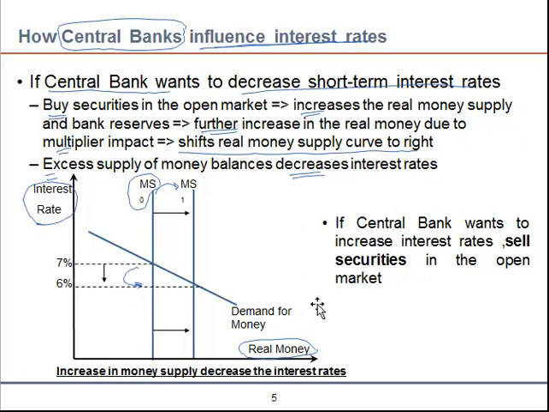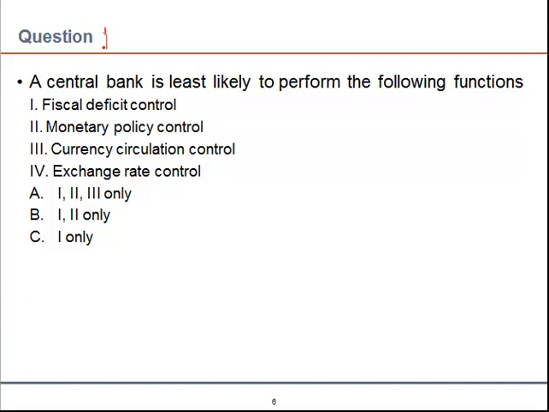Based on the discussions till now we will solve some questions. This is question number 1. The central bank is least likely to perform the following functions. Here we have to find out which is not a function of the central bank. First one is fiscal deficit control. This is the responsibility of the government. Monetary policy control.